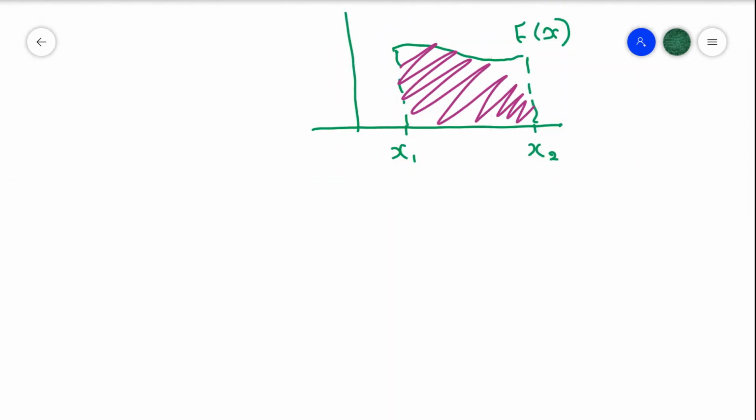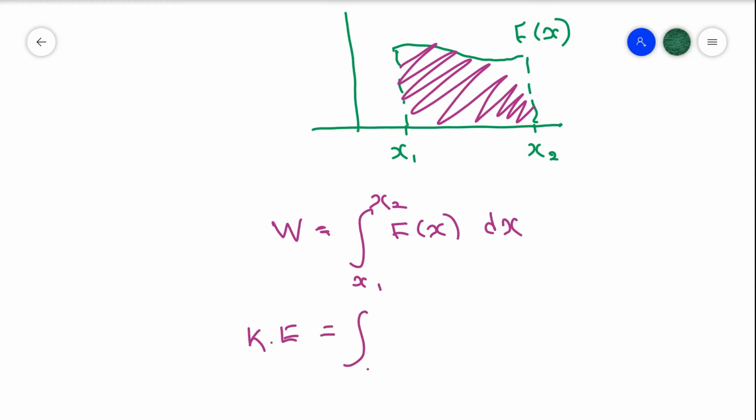So we can write that work done is equal to the integral of Fx dx from x1 to x2. This work done is nothing but the kinetic energy. So maybe we can write kinetic energy equals the integral from x1 to x2 of Fx dx.